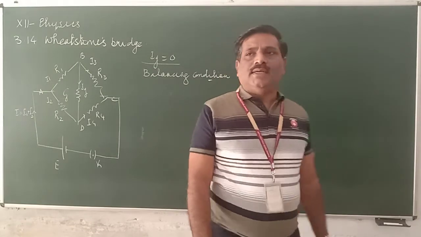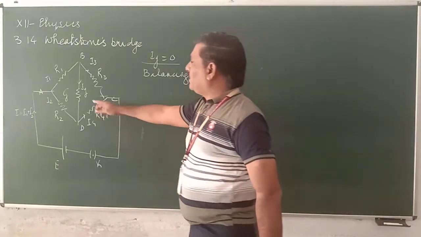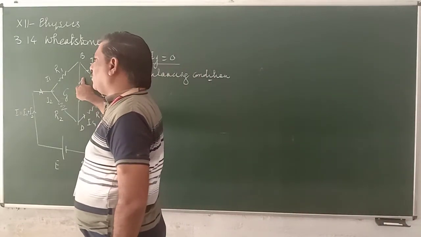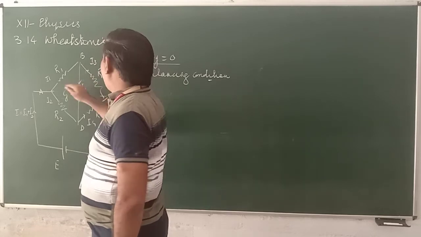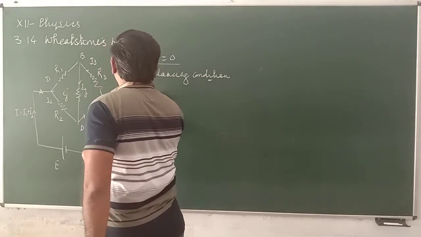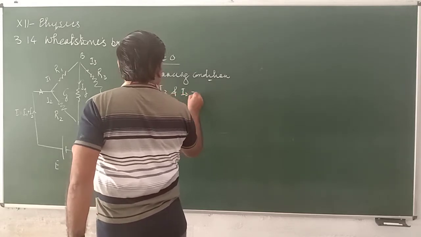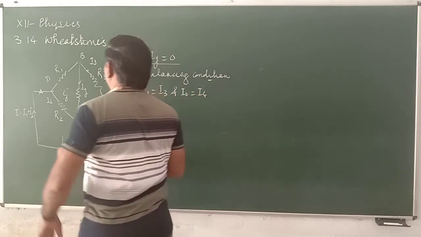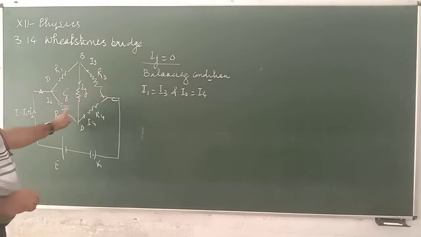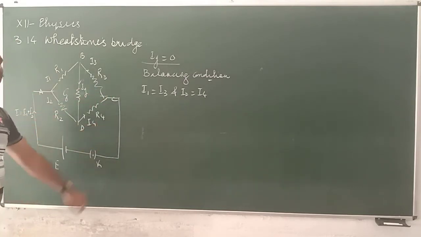Now, what does it mean? As soon as we say that current Ig is equal to 0, it simply means that I1 is equal to I3 and I2 is equal to I4, because Ig is equal to 0.